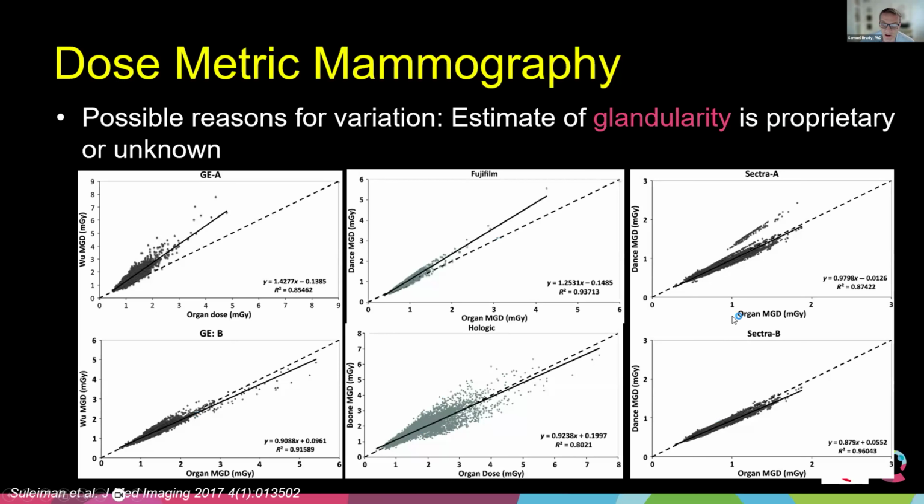You can see that each vendor has its own way of calculating the mean glandular dose. Some are very accurate and very precise. Others are accurate, not as precise. And some are not very accurate, especially for larger breasts.